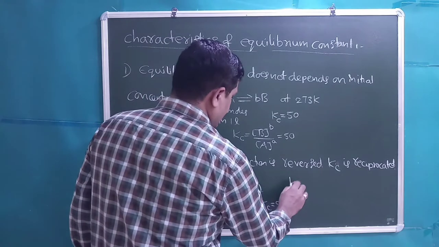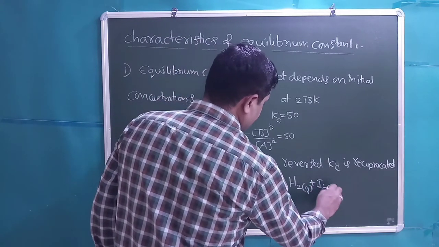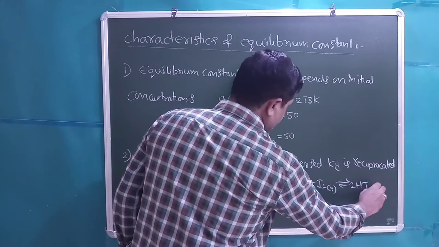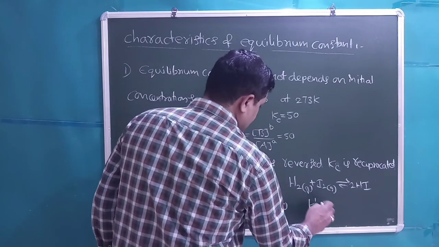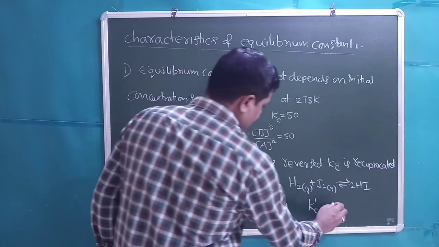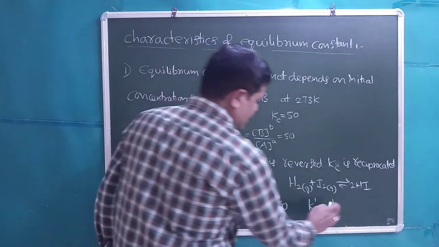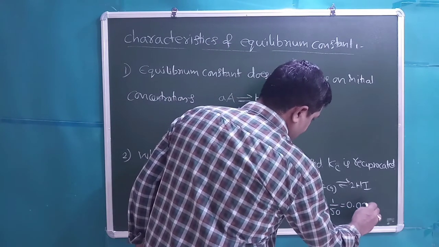When we reverse the equation, that is H2 gas plus I2 gas gives 2HI gas, the equilibrium constant for the new reaction becomes the reciprocal of the earlier one, that is 1 by 50, which is equal to 0.02.